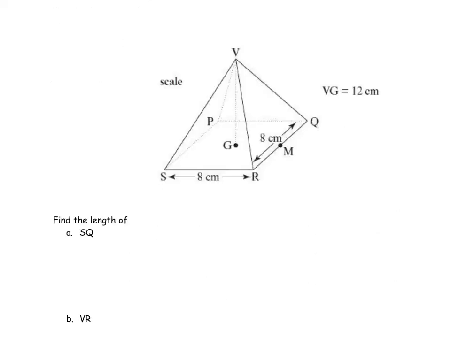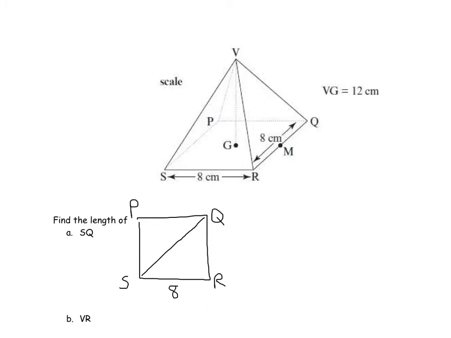Now we have a pyramid, and we still need to find some certain distances. So again, break it apart into the pieces that you're looking for. We're looking for SQ, which is this diagonal in the base. So I would redraw just the base. S, R, Q, P. We're looking for this distance. Well, we know S to R is 8.